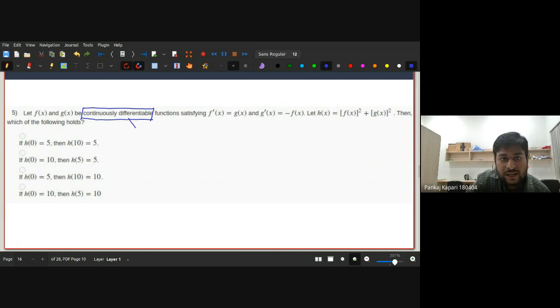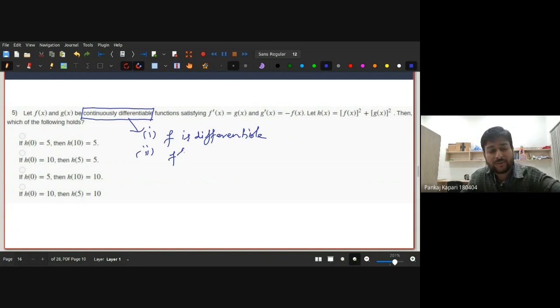This just says two things: that f is differentiable, and second, the derivative is continuous. If you differentiate f, because the function is differentiable, the derivative f prime is continuous. For these two things, we say that the function is continuously differentiable.